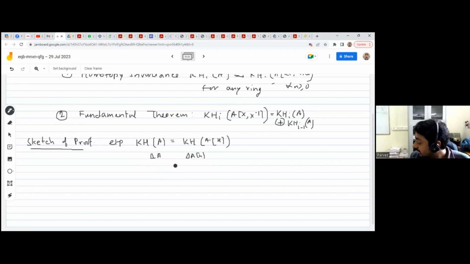So these are simplicial homotopy equivalent.